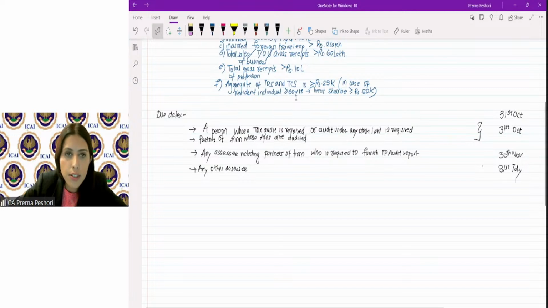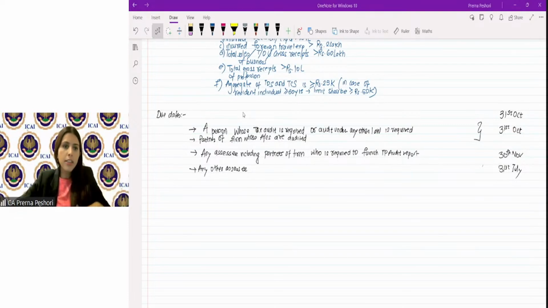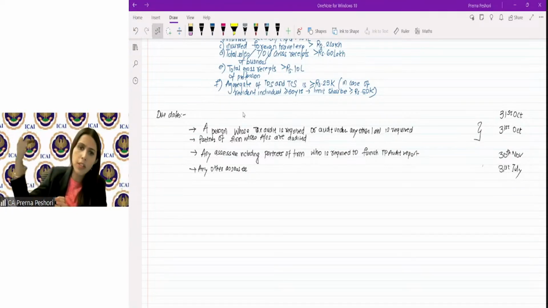Yes, students, any questions other than this for the due dates? Fine. Okay. Now, understand, these due dates are very, very, very important. Because if you determine the wrong due date, like you said, Mansha, 31st October, let's say you file by 31st October even for the partnership firm, when they are not required to audit, it's possible that they do not have a turnover of more than 1 crore, 10 crore, they are not required to audit, they are not even required to get the audit done under the LLP Act.